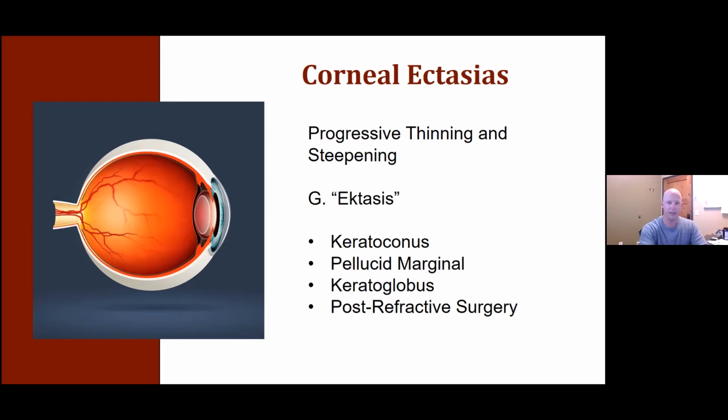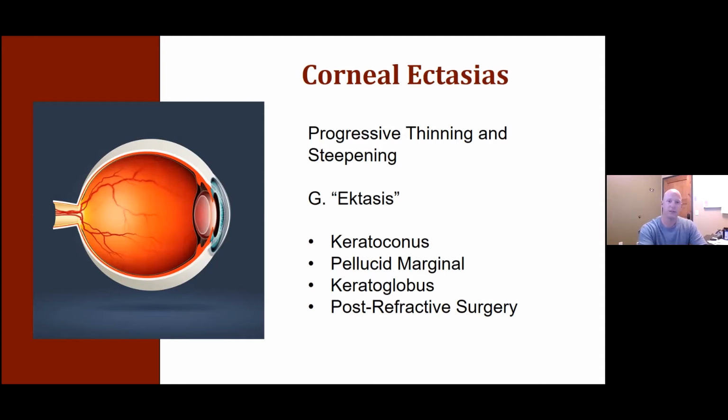But there are some basic different types of ectasias that we deal with in the office, keratoconus being the main one. There's a slight variation of keratoconus that we call pellucid marginal degeneration, and keratoglobus, which is a much more severe form of keratoconus.